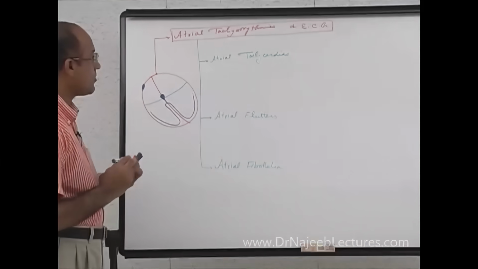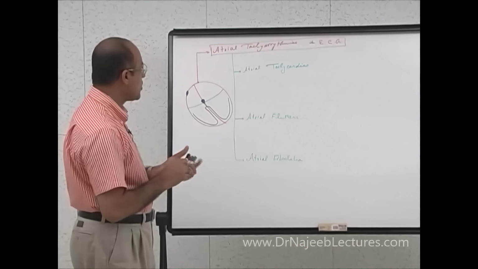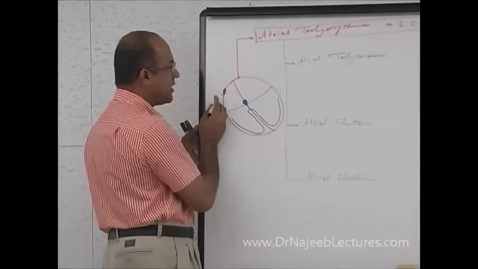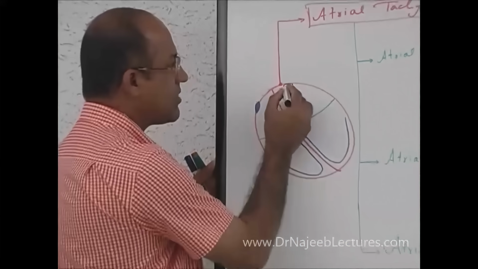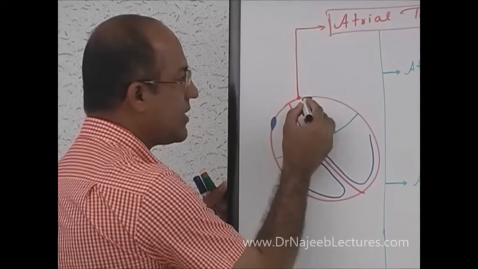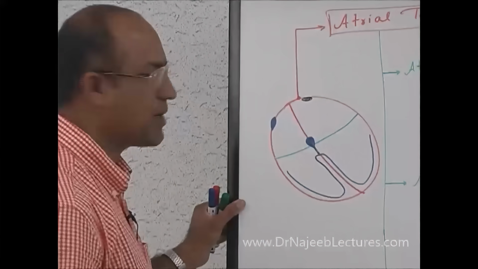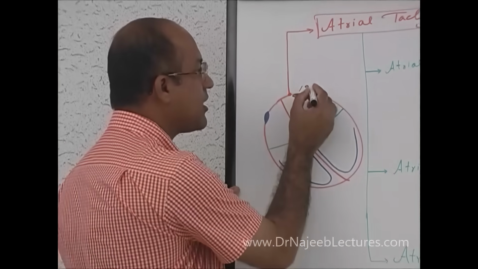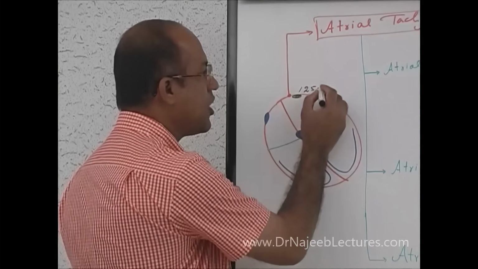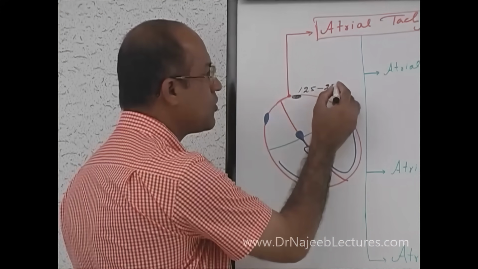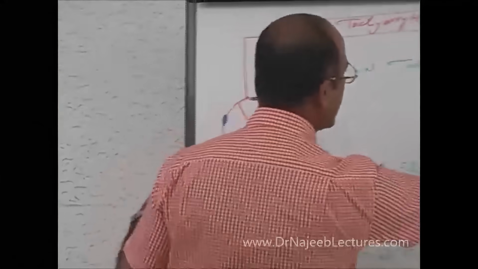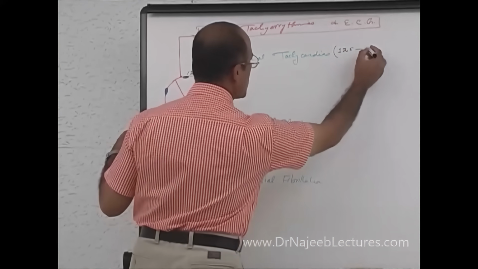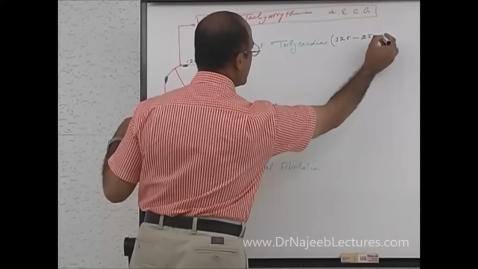Now, in atrial tachycardia, the atria act as pacemaker, and produce electrical activity at a rate somewhere between 120 to 250 per minute.